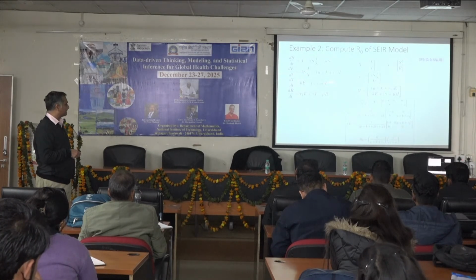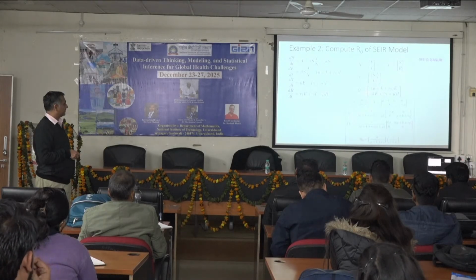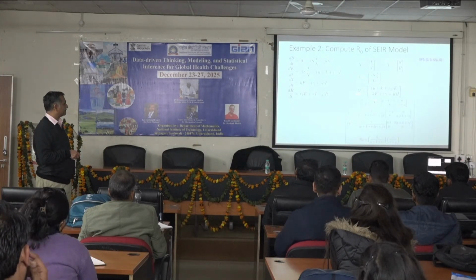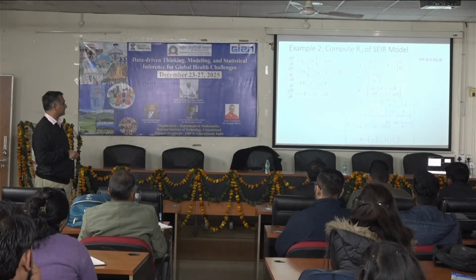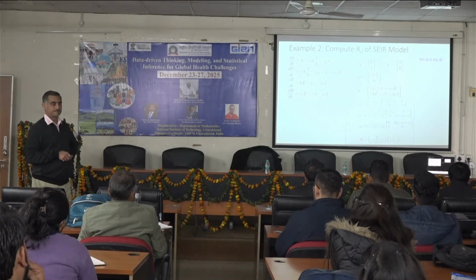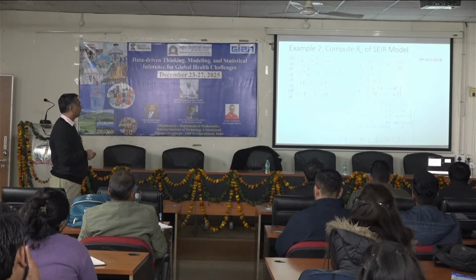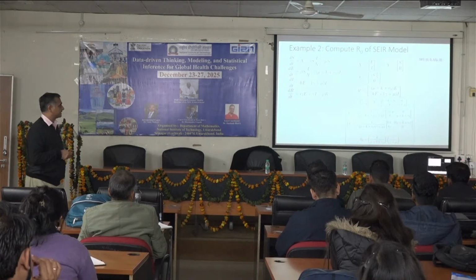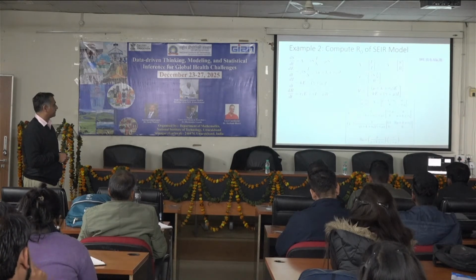It has exposed and infected compartments, and you compute F from script F and V from script V, then compute V inverse and the FV inverse product, and the dominant eigenvalue of this is R naught. For this model, the disease-free equilibrium was this. How do you compute it? The way we showed, setting equal to 0 and finding the disease-free equilibrium.